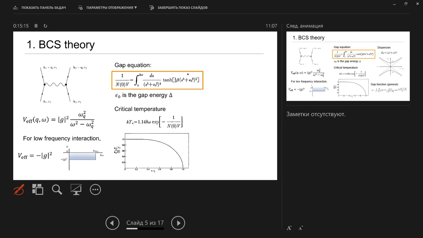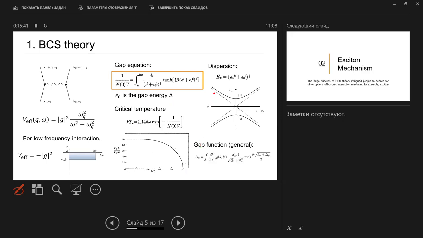By setting the temperature, that is beta, to zero, we will have the zero temperature superconducting gap, which is here. And also by setting the gap epsilon zero to be zero, we will have the critical temperature, which is here.